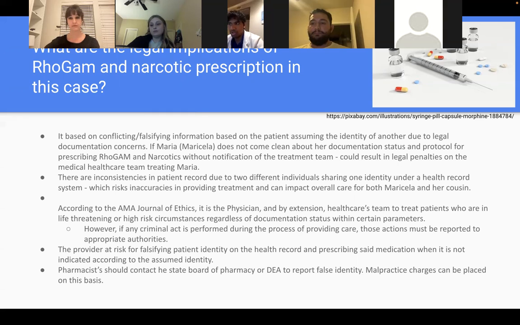According to the AMA Journal of Ethics, it is the physician and by extension the healthcare team's duty to treat patients who are in life-threatening or high-risk circumstances regardless of documentation status within certain parameters. However, if any criminal act is performed, in this case the falsification of information by Maricela, assuming the guise of her cousin, during the process of providing care, those actions must be reported to the appropriate authorities if made known by the healthcare providers themselves.